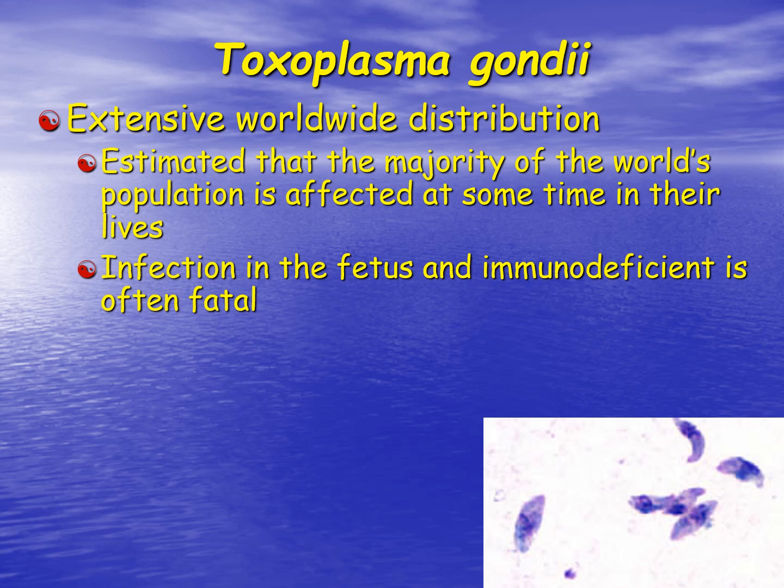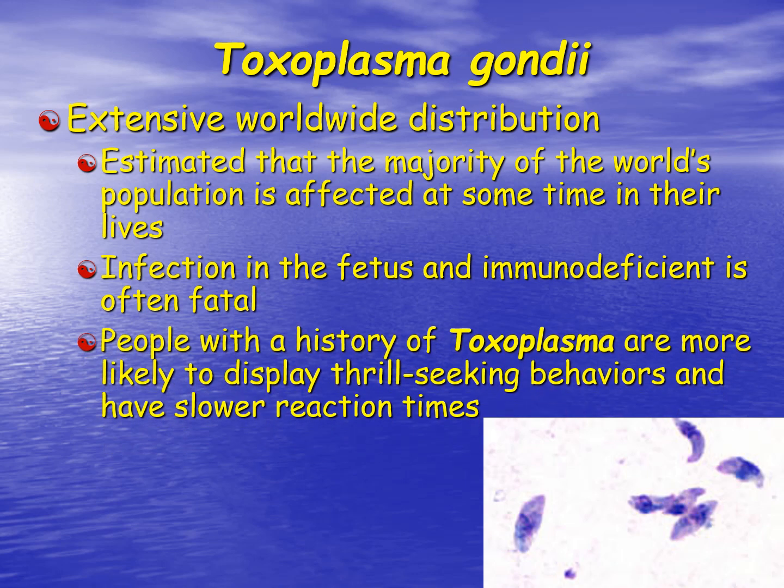However, infection in the fetus and immunodeficient individuals is oftentimes fatal. People with a history of toxoplasma are more likely to display thrill-seeking behaviors and have slower reaction times, even though some studies have shown that this is actually not true.